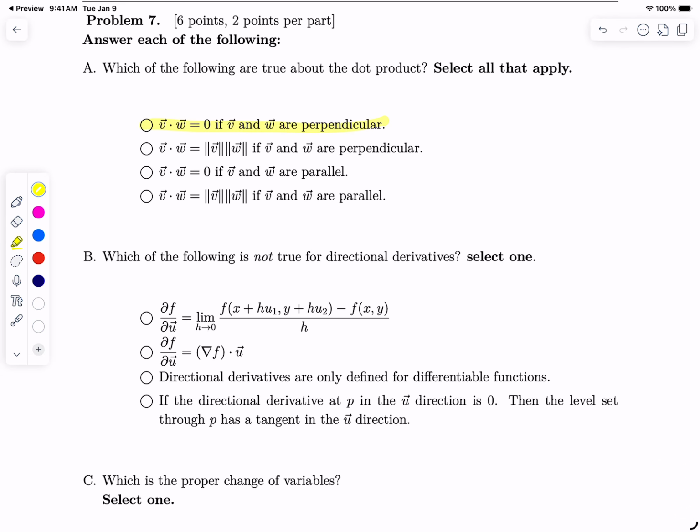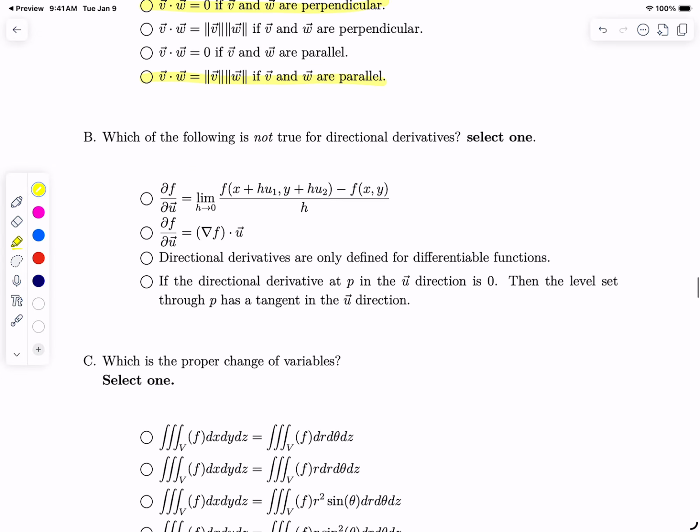I think the first one is true. Second one is not true. Third one is not true. Fourth one is true. If V and W are parallel, then you have cosine theta, and they are parallel, theta is 0, cosine 0 is 1.